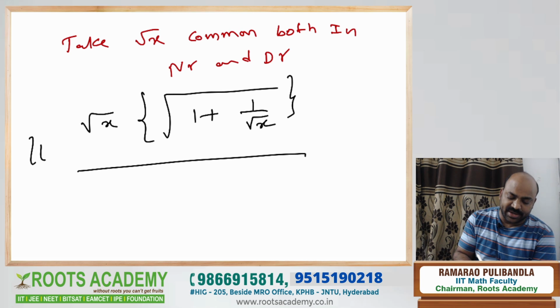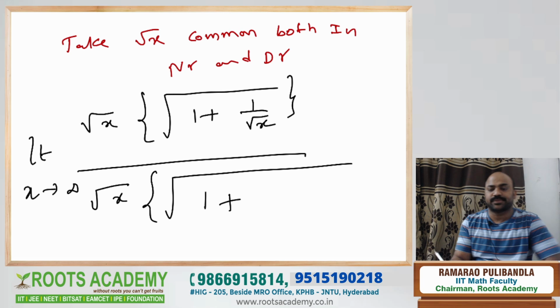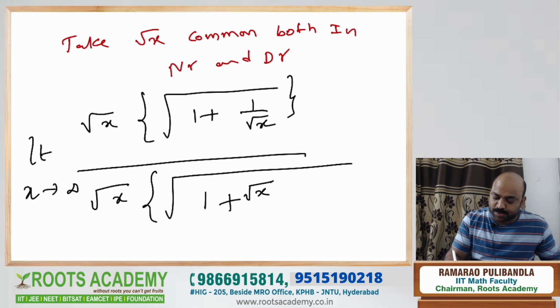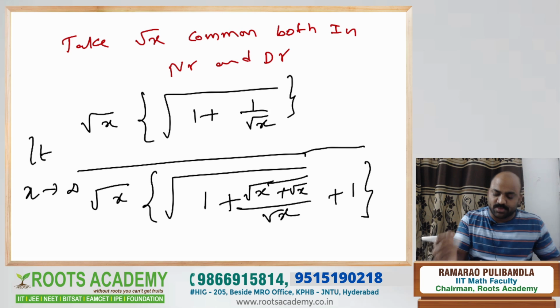In the denominator also, taking root x common, this is going to become 1 plus root of x plus root x by root x, and here it is plus 1, something like this bracket.